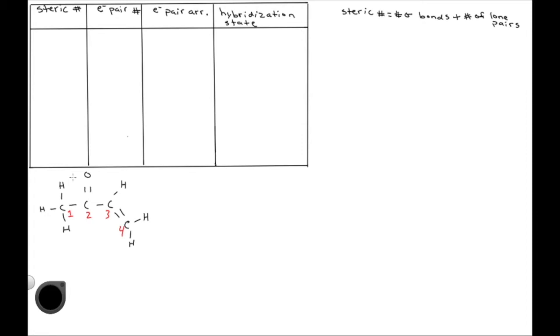To determine the hybridization state, we need to know either the steric number of the atom or the electron pair arrangement of the atom, for which we need the electron pair number to determine. So let's make a chart. So we have our chart right here.